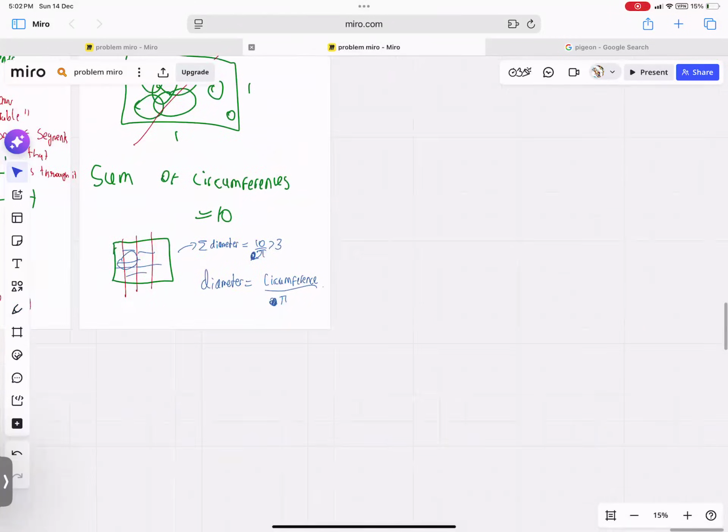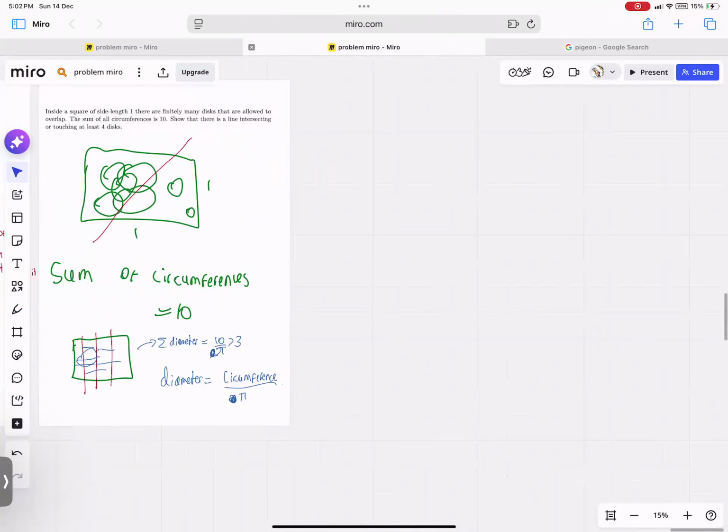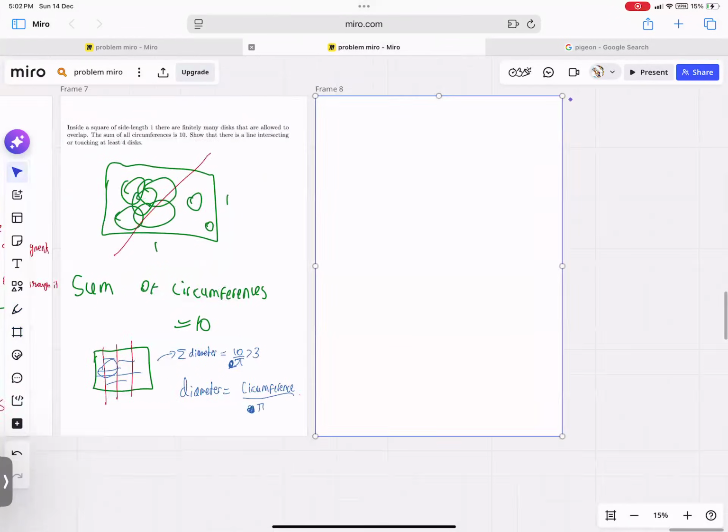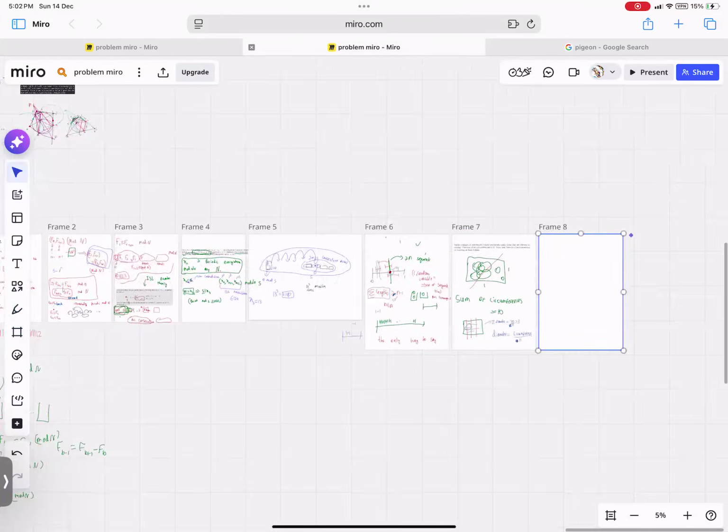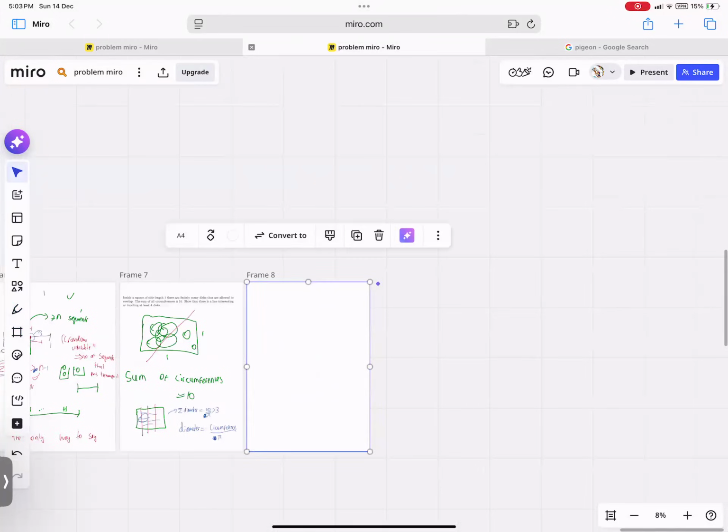Okay, is this clear? I'm going to go on because now I'm going to do a harder problem on this idea. I hope this makes sense to you.